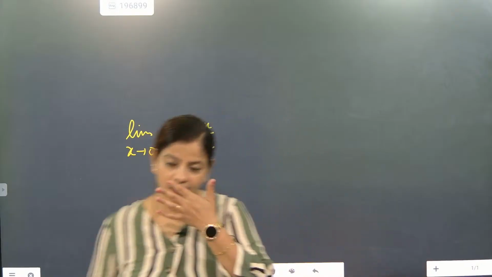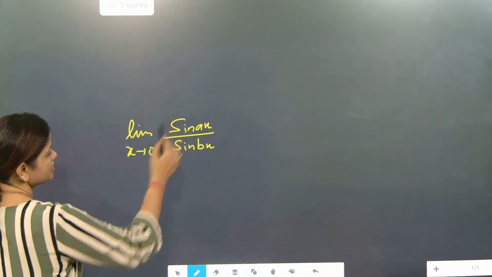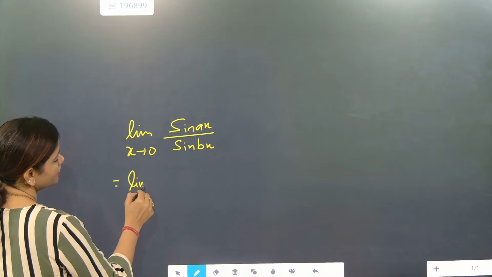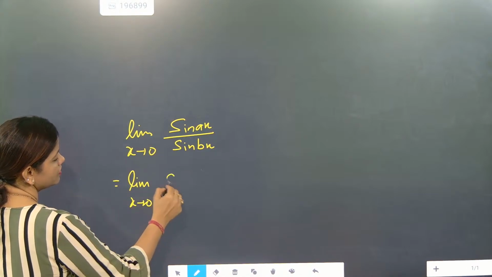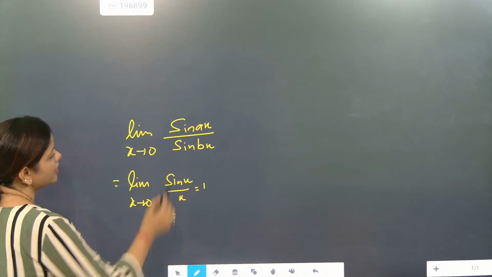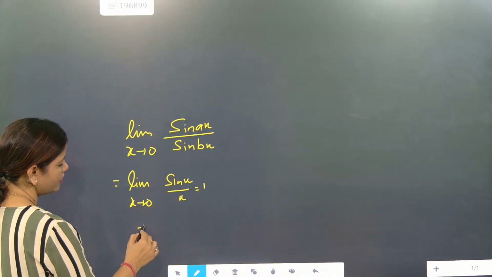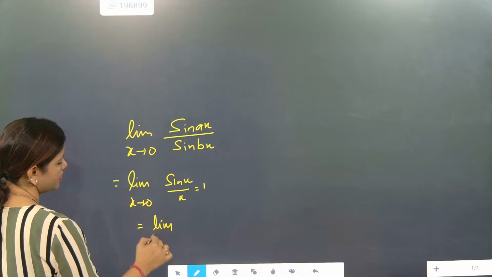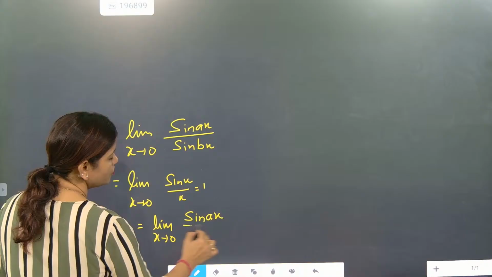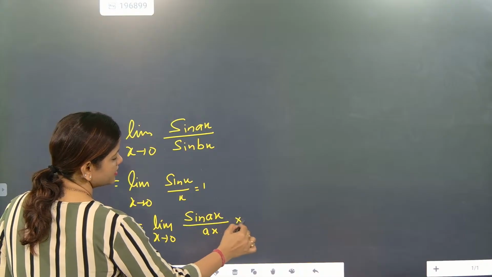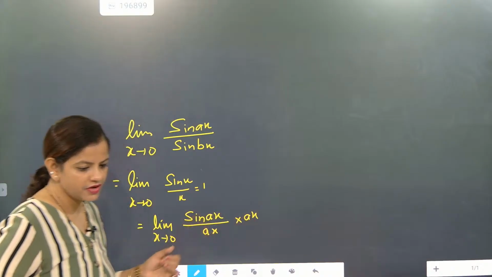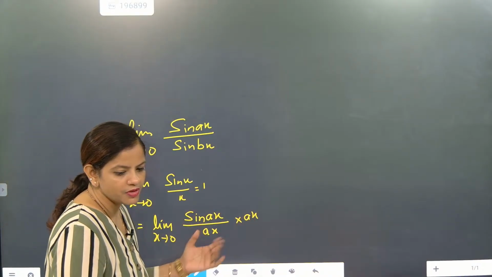You will also say, see here, this part is there now. What we need? Check this one out nicely. See, our formula is what? Limit x tends to 0, sine x by x is equal to 1. Done? Here sine ax is there. What we will do? We will write limit x tends to 0 sine ax. So numerator we can write multiply and divide by ax, and the denominator part will also become ax.